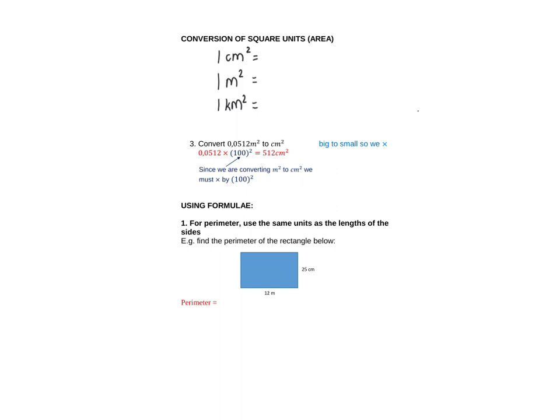But 1 centimeter squared means a square of 1 centimeter by 1 centimeter. In other words, this side is 10 millimeters, and this side is also 10 millimeters.